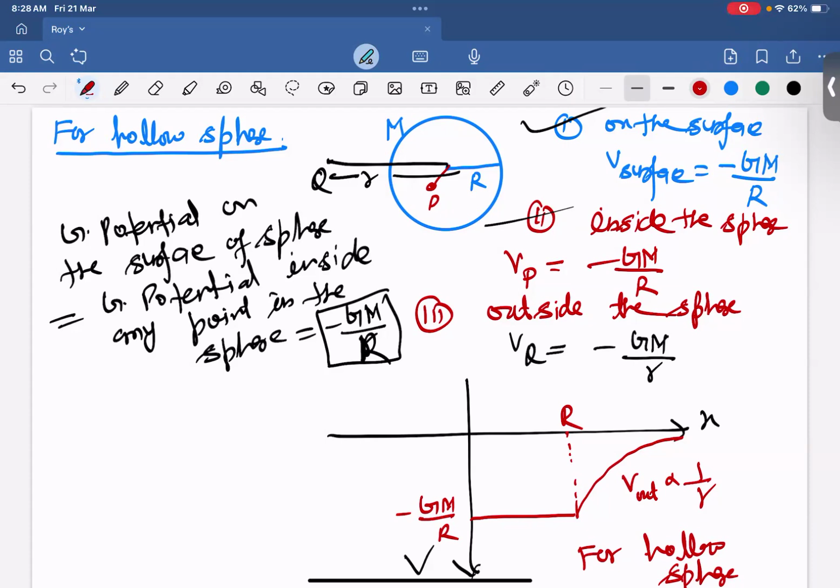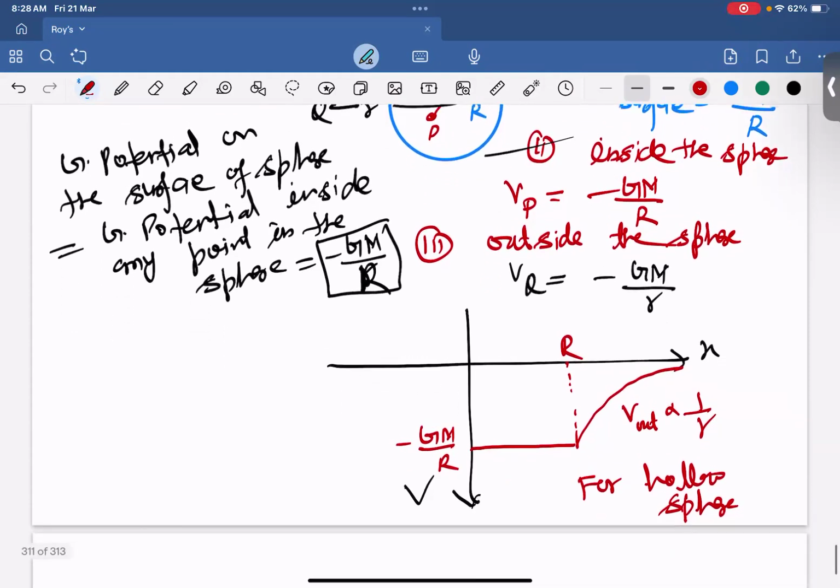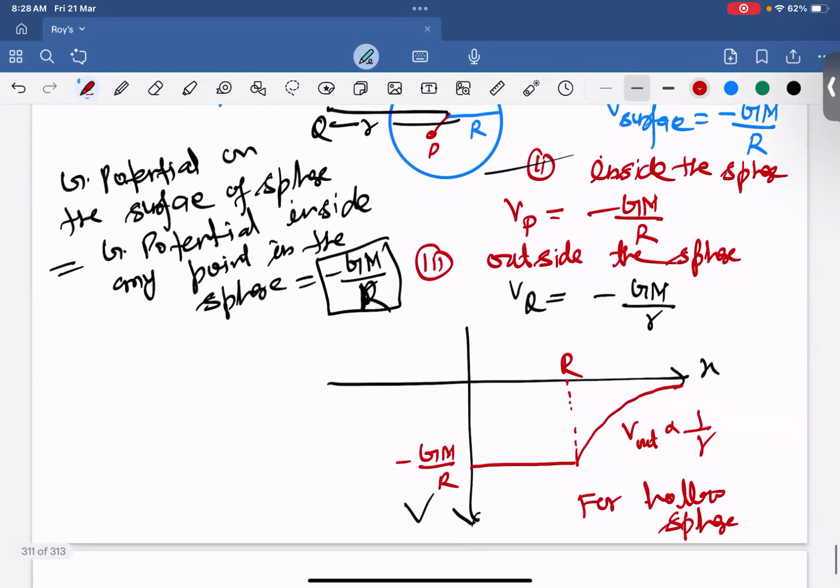Yes, sir. ग्राफ भी ड्रॉ किया. हाँ, ग्राफ भी ड्रॉ किया.